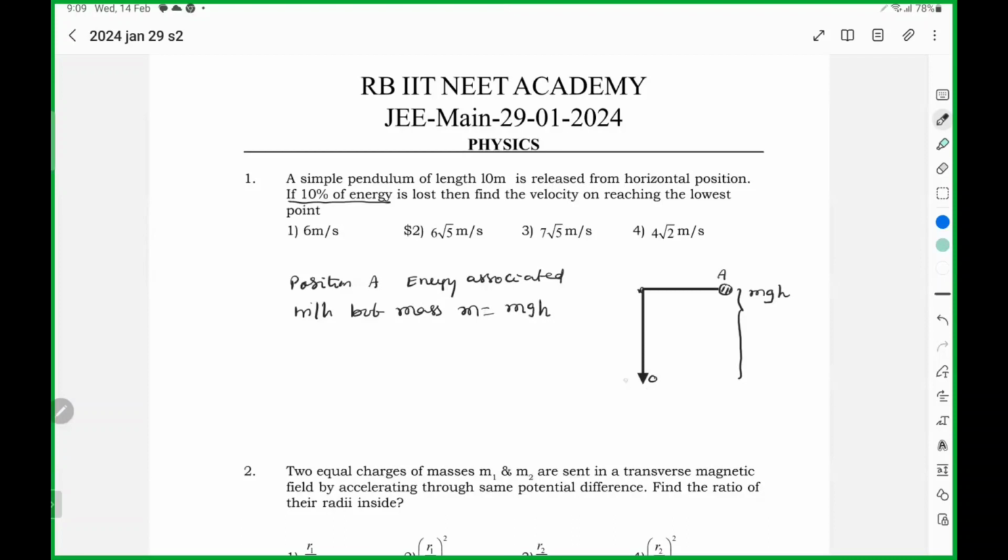When it reaches B, at B, it loses 10% of its energy.